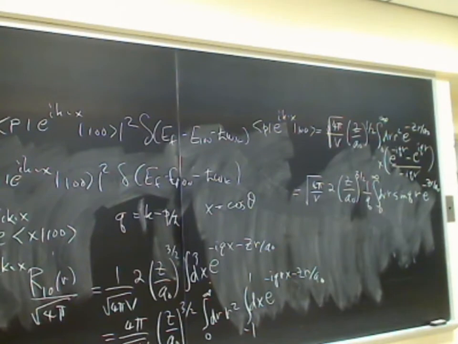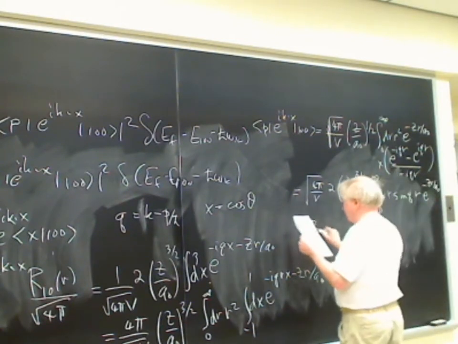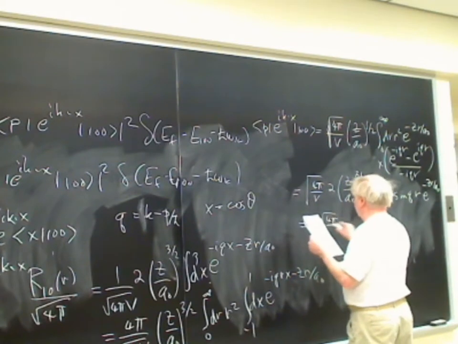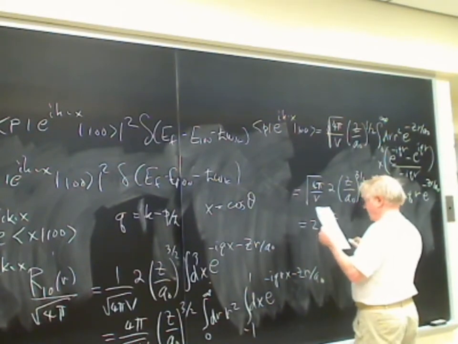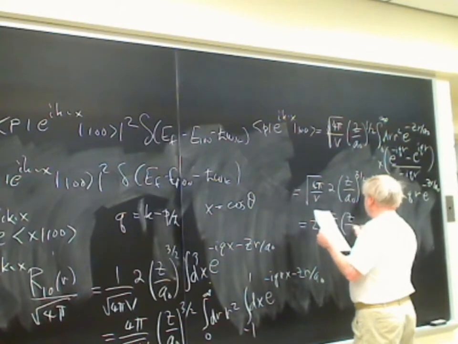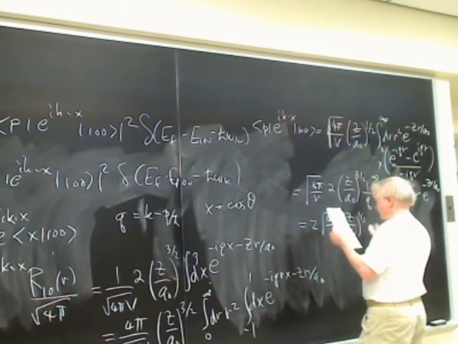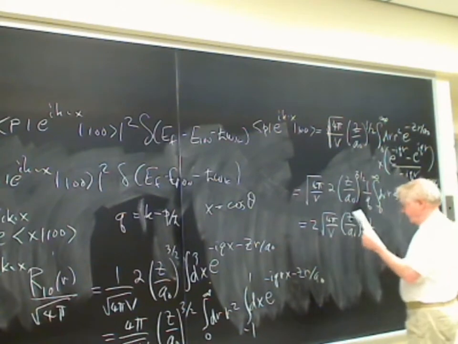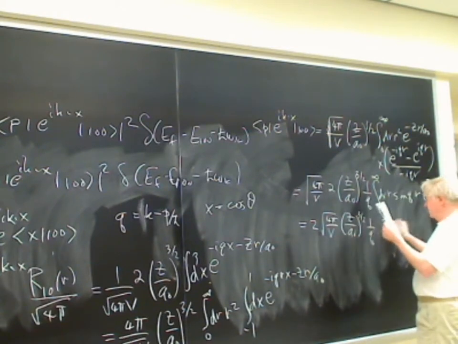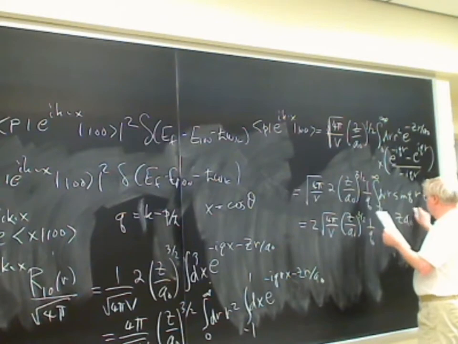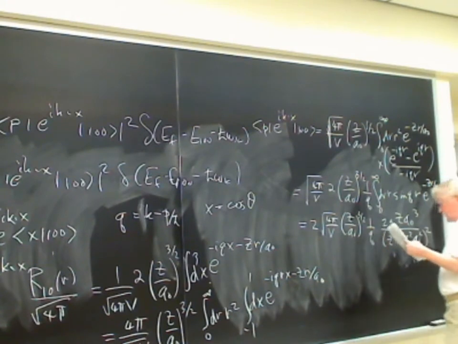Well, this is a nice convergent integral. And so altogether, this is giving us 2 square root of 4 pi over v, Z over A0 to the 3 halves, 1 over q, and the rest of it is 2qZ A0 cubed over Z squared plus q squared over A0 squared, squared. So that's actually the matrix element.